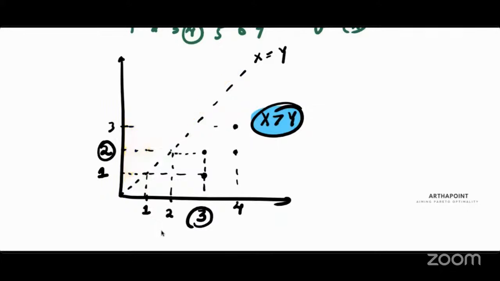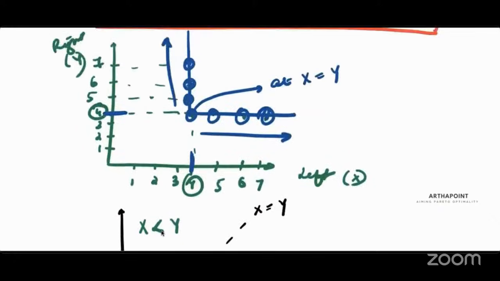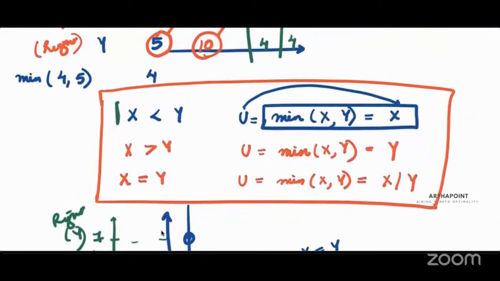Now the second part is where x is less than y. Y is more than x. Take a point like this. X is 1 here. Y is 3 here. So all these points represent x less than y. And we just formulated that whenever x is less than y, the utility is always derived from x.